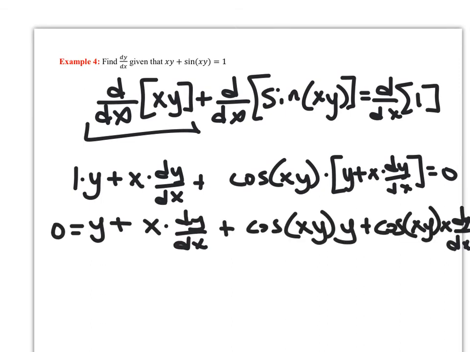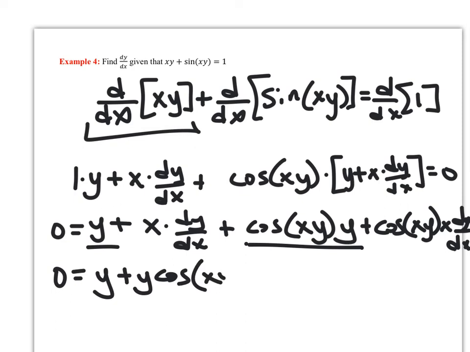Okay, I moved the 0 over here, but I've just got y plus x dy/dx plus cosine. I distributed the cosine xy to both of these terms. So I get cosine xy times y and cosine xy times x dy/dx. Now I want to get those x dy/dx's together. So I'm going to move this term right here over and go y cosine of xy.